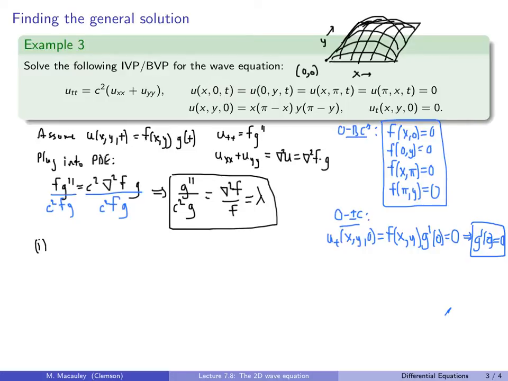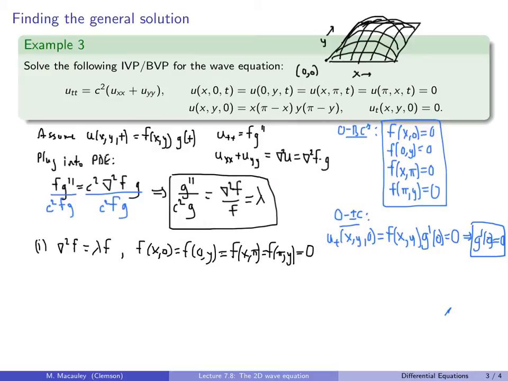First we get a PDE in F: Laplacian of F equals lambda F, and our four boundary conditions are F of x, 0 equals F of 0, y equals F of x, pi equals F of pi, y equals 0.